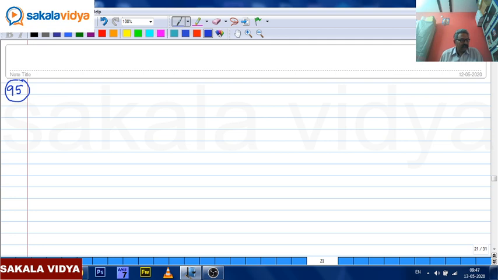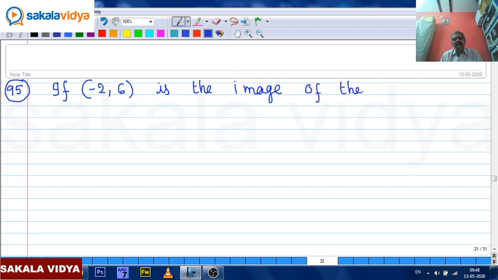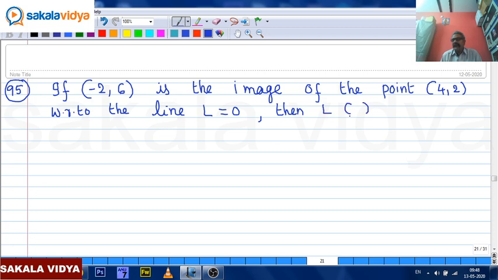95. If -2 comma 6 is the image of the point 4 comma 2 with respect to the line L equals to 0, then L, that means the expression L left hand side.